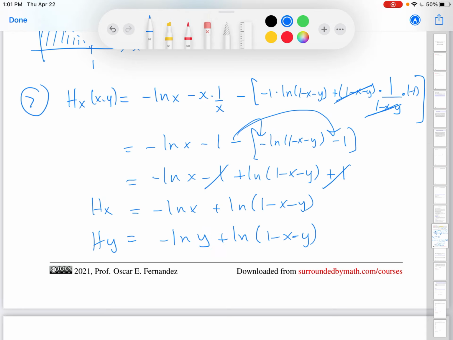Now let's look at where partial derivatives are equal to 0, the stationary points we've been talking about. To do that, we set these equal to 0. This first equation up here, if I move over the minus ln of x, generates ln of x equals ln of 1 minus x minus y.